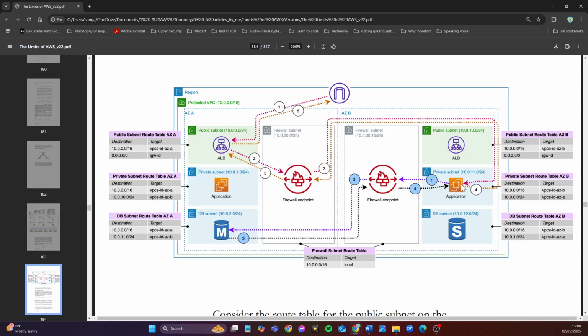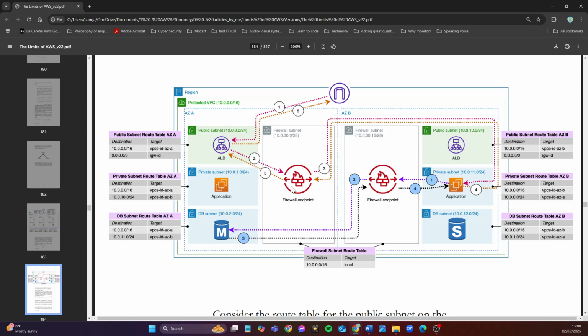And then this circle says 4. Let's see where it goes. We go from the application in this subnet back over into AZA to the firewall endpoint. So we go 3, 4 into AZB, welcome to AZB, and then number 4 back out of AZB into availability zone A. 3 and 4.